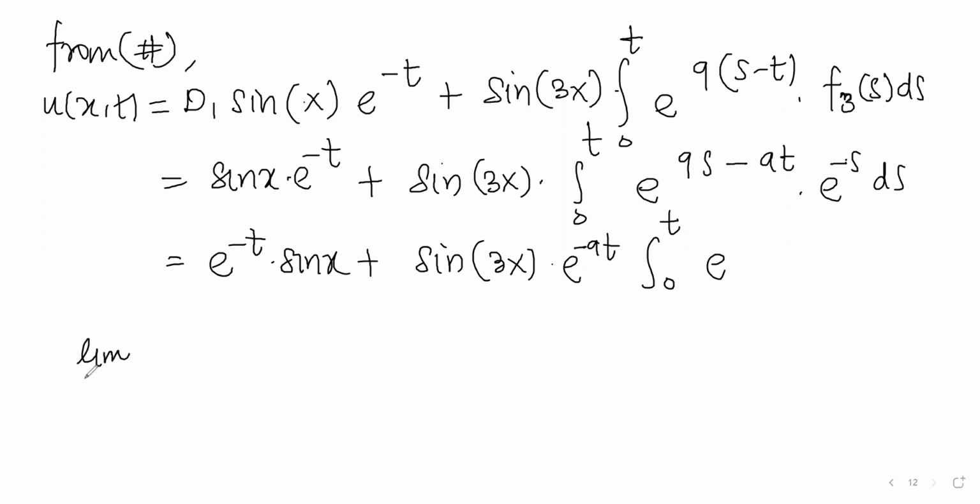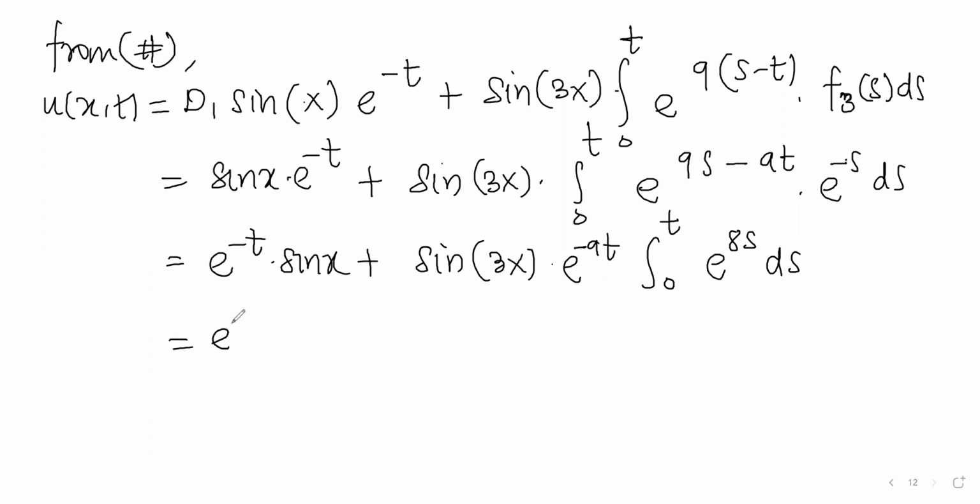When you have the limit of u(x, t) as t goes to infinity, this is your temperature, and this must go to 0. So here I was getting e power 9t, so that's why I got suspicious why I'm getting this. Now e power 9s minus s will give me e power 8s, ds.